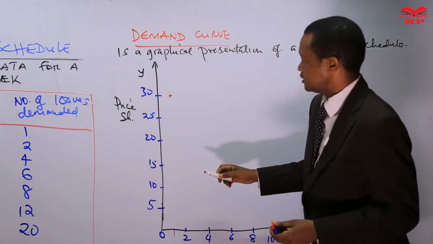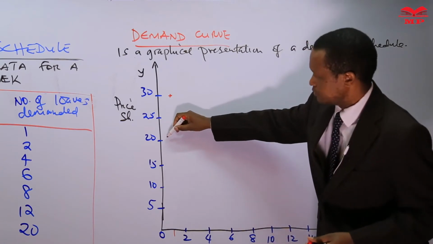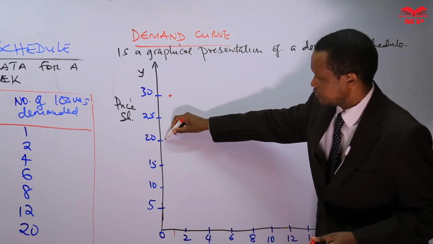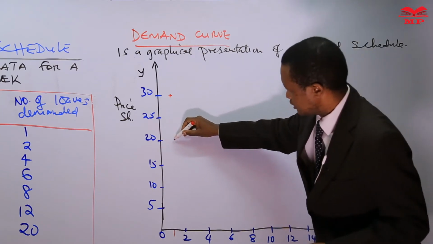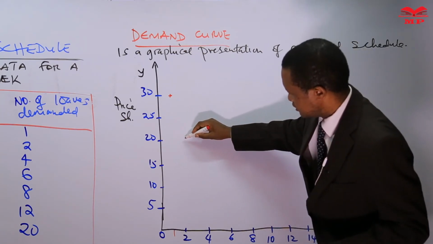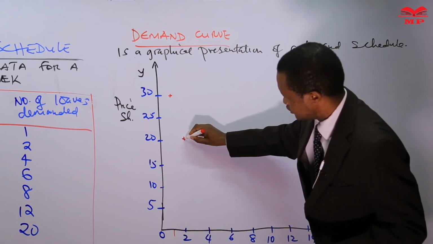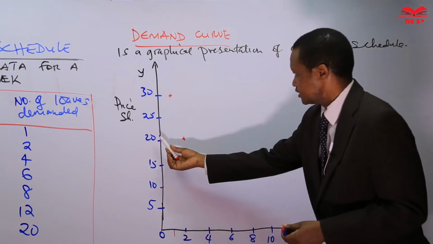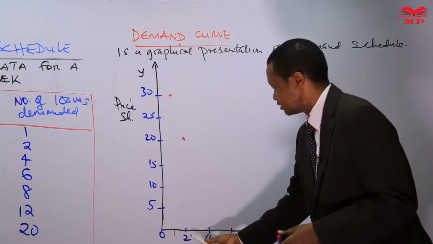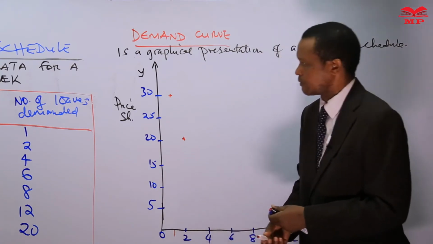So at 20 is here. The number of loaves has gone up, that is 2. When the price reduces to 20, the number of loaves demanded by Consolata increases.